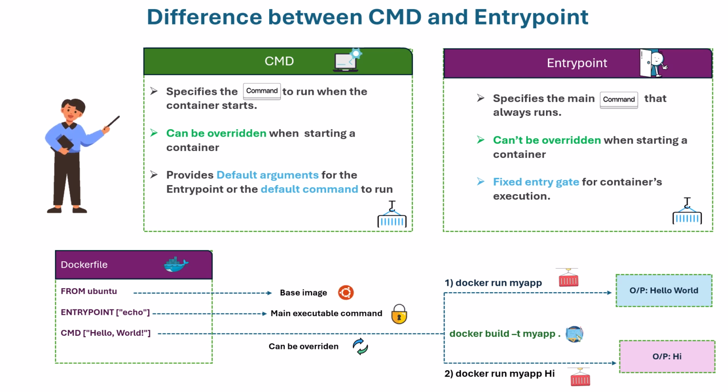So using CMD we can provide default arguments for the ENTRYPOINT, or it acts like a default command to run, whereas ENTRYPOINT is like a fixed entry gate for the container's execution.